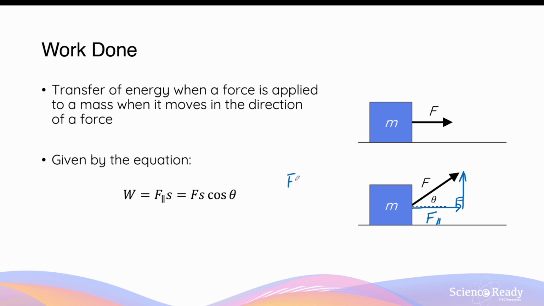So here we have the parallel component of the force vector divided by the original force itself, which is the hypotenuse of the triangle. This is equal to cosine theta, which means the parallel component is equal to the force multiplied by cosine theta. This is why the work done can also be written as the force multiplied by the displacement times cosine theta, because the force and cosine theta gives us the parallel component of the force vector.